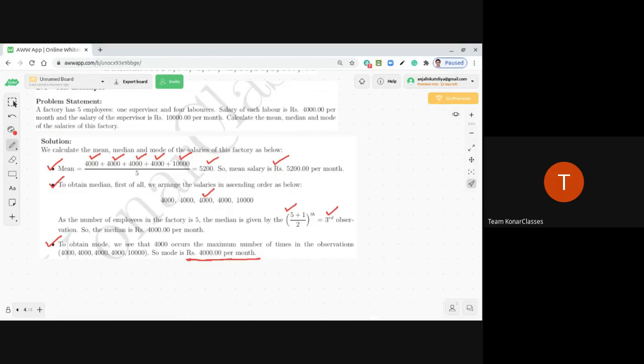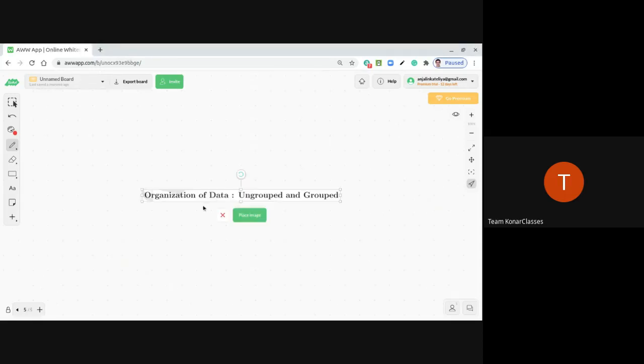Now, dear students, a few minutes back, you heard me mention grouped data. Now, grouped data and ungrouped data. What is that? It is about the organization of data, how the data is organized, and I will give you both the definition and some examples so that you can understand it clearly and relate how this definition is meaningful with practical examples.